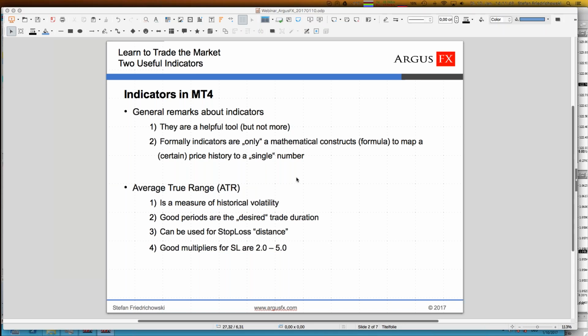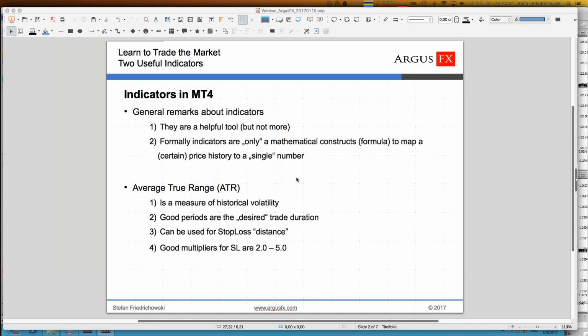But that means if you think about a trade and you think about, hey, I want to place a stop loss for that trade, you immediately realize we should relate a potential stop loss to the volatility of the market. If, for example, the volatility is extremely high, so we have huge movements within the market already within minutes, and you want to trade, then it does not make any sense to have very close and tight stop losses.